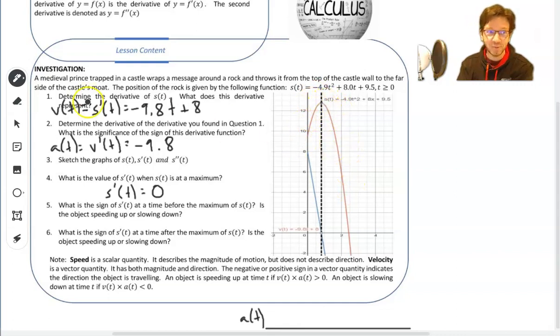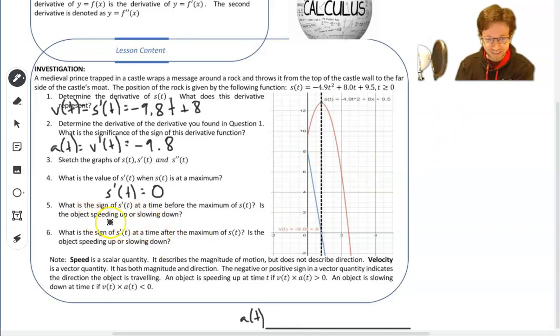It means that poor prince just threw the message straight up instead of throwing it across. Right? It's all right. He's not going to get much help. And so he throws the message in the bottle straight up instead of across the moat. Good try, though. Good try. Because once it reached its peak, its velocity is 0. Or perhaps this is just the position, the vertical position only.